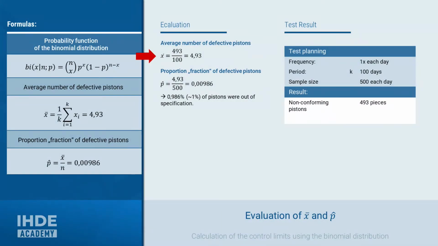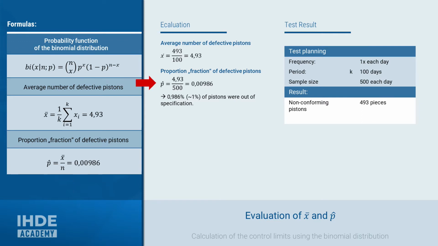As can be seen in the evaluation in the middle, the average number of defective pistons per sample, X bar, is 4.93. This was calculated from the total number of defective pistons found, 493, and the sum of the random samples.